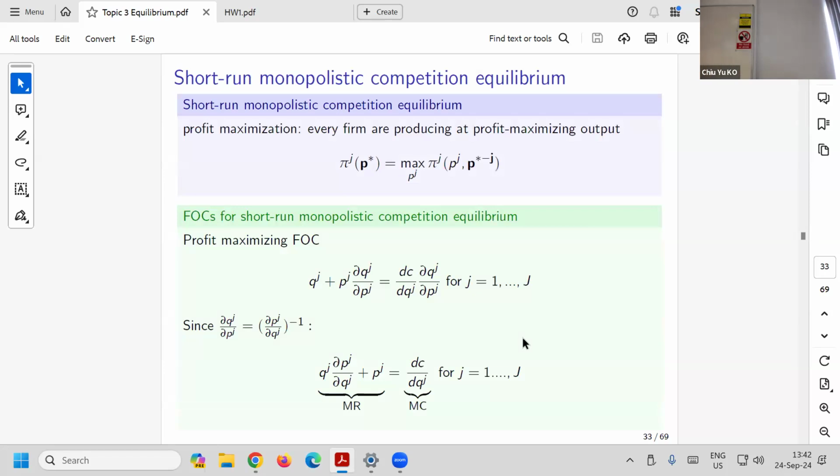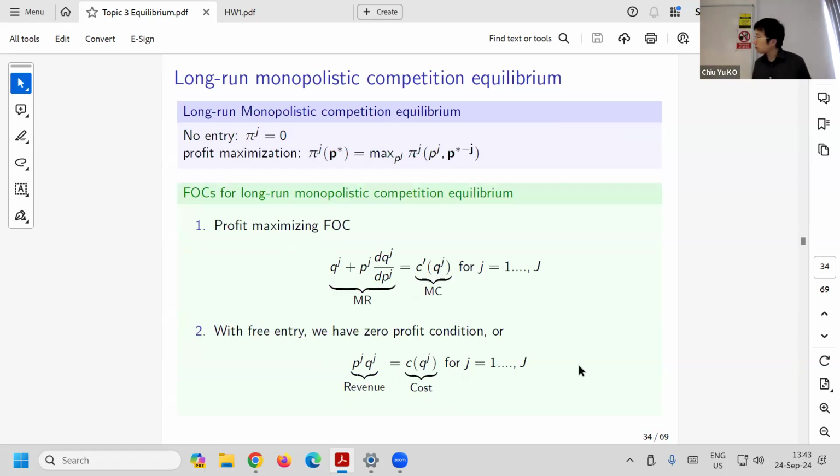Before, this price was fixed, right? But now this value depends on other people's prices. And this Q also depends on other people's prices. And this also depends. So everything depends on other people, because how other people set their prices affects the quantity. Everything is related. Right? So there's a system of J equations, not necessarily linear, and potentially there can be more than one equilibrium. But that would be the idea.